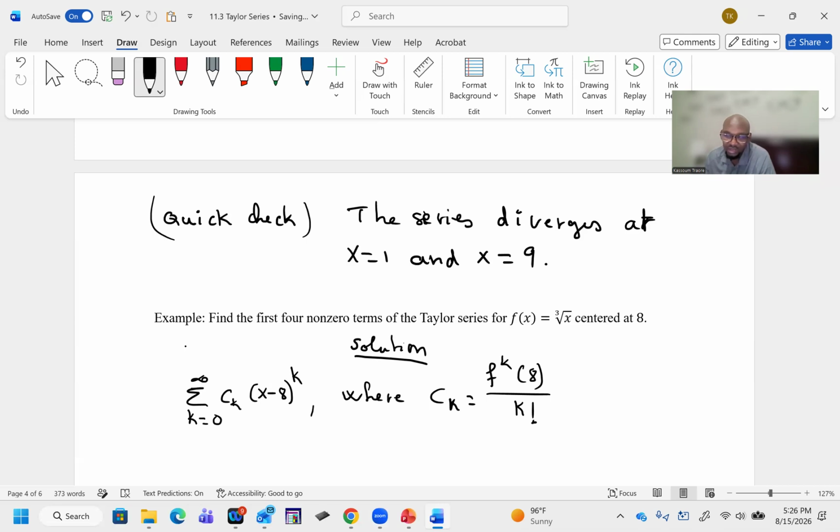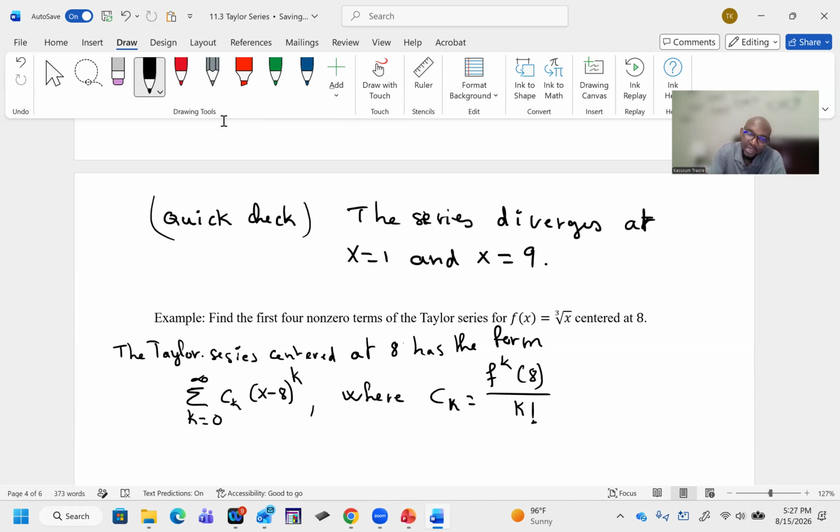This is the form, right? Centered at 8. Now our f of x is the cube root of x, right?